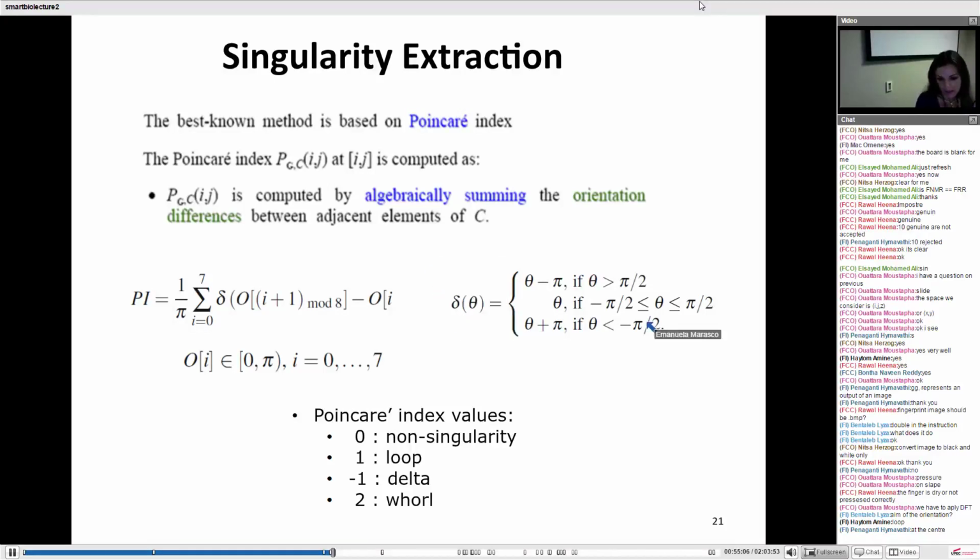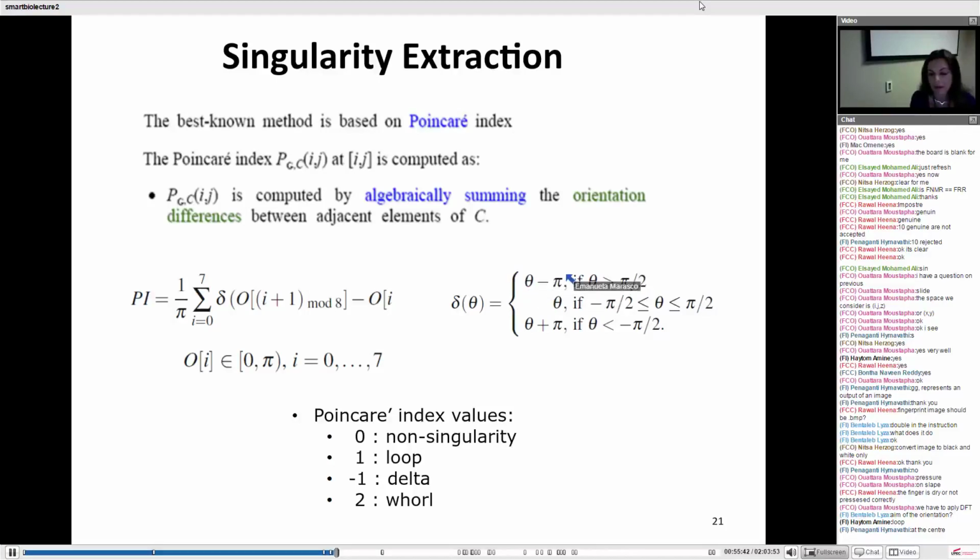We consider 8 neighbors, so I goes from 0 to 7. And there is also an important normalization of the angle. Since the orientation is from 0 to 180, delta theta is the difference of the orientation between adjacent elements of C, adjacent elements in the neighborhood, right? So I plus 1 minus I.